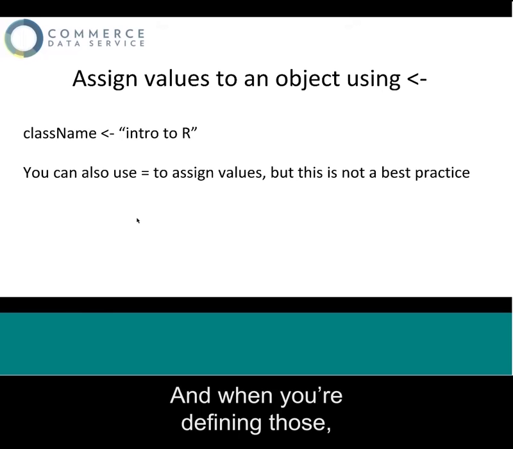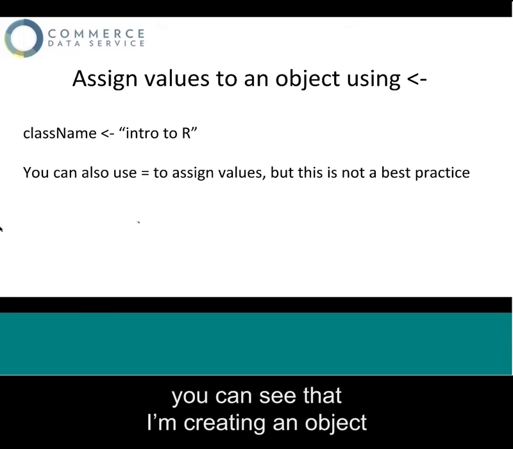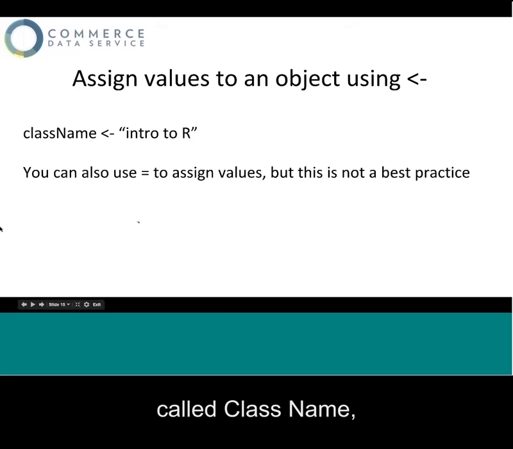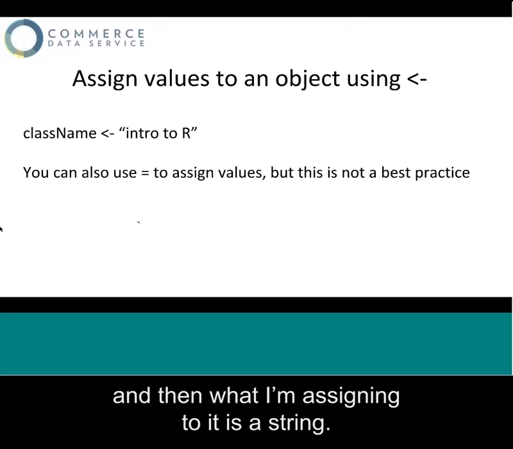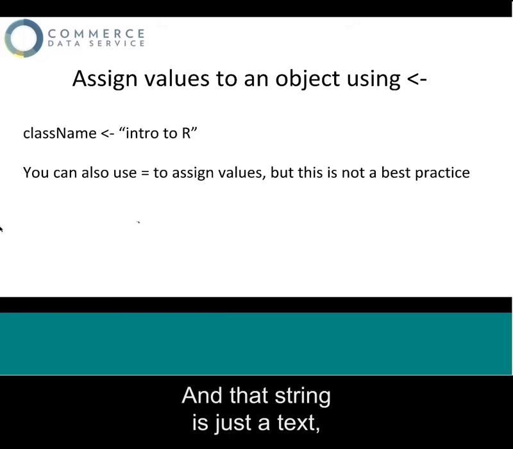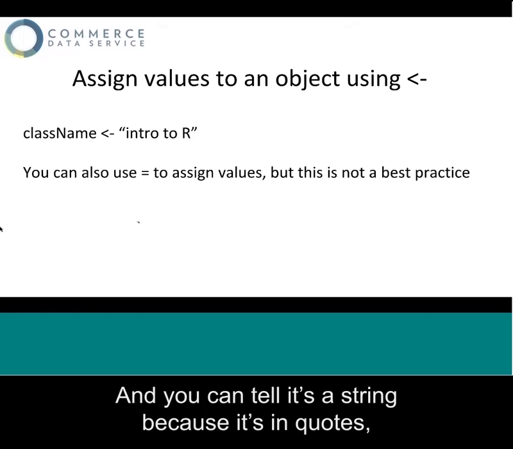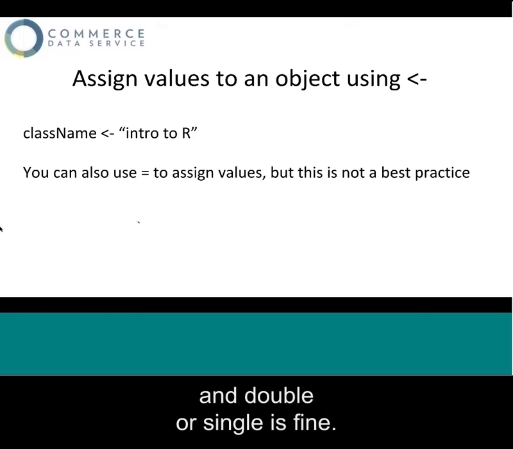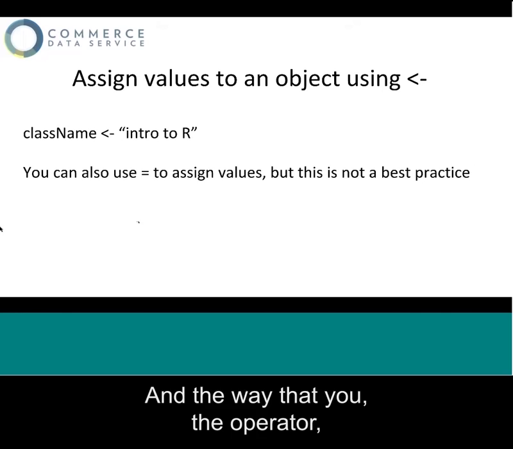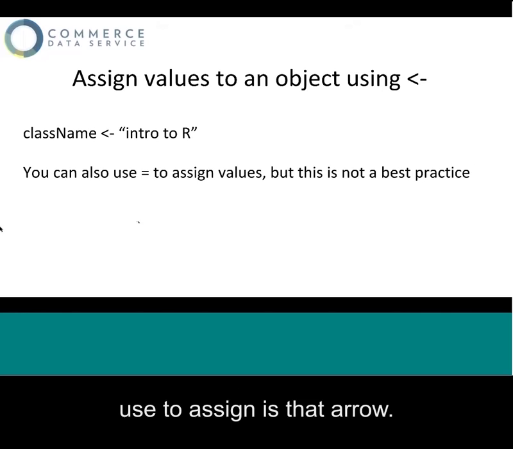When you're defining those, for example, here, you can see that I'm creating an object called class name. What I'm assigning to it is a string, which is just the text, like intro to R. You can tell it's a string because it's in quotes, and double or single is fine. The operator you use to assign is that arrow.